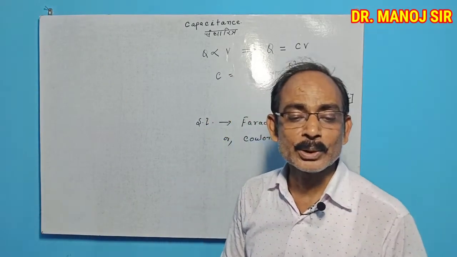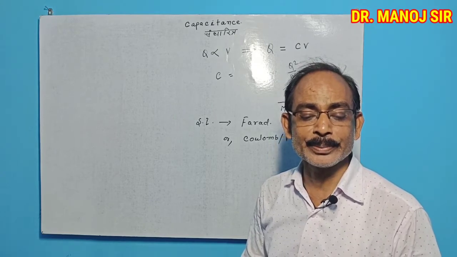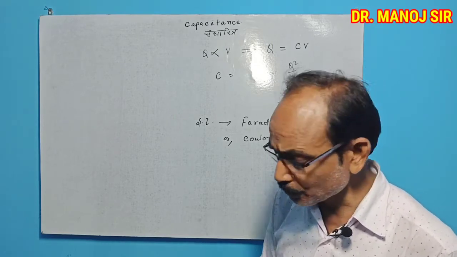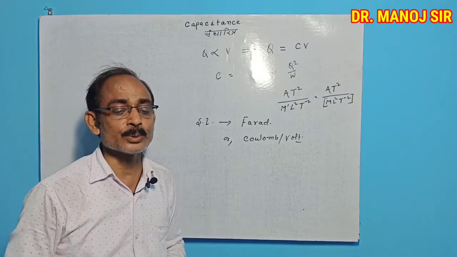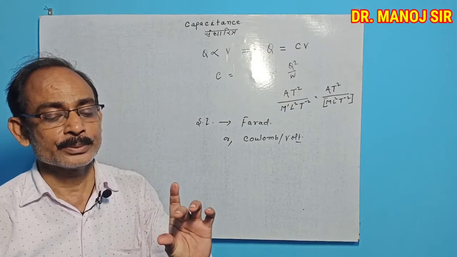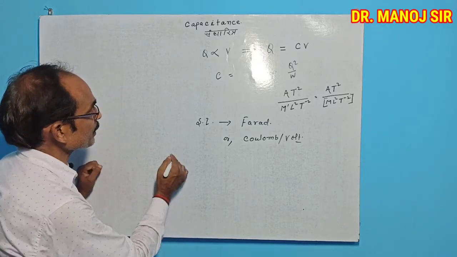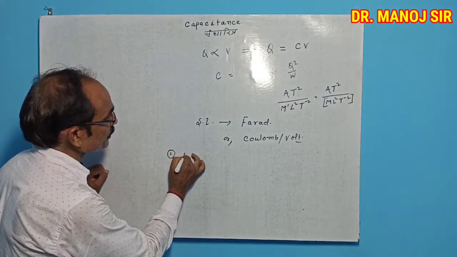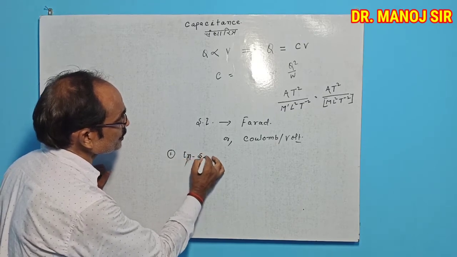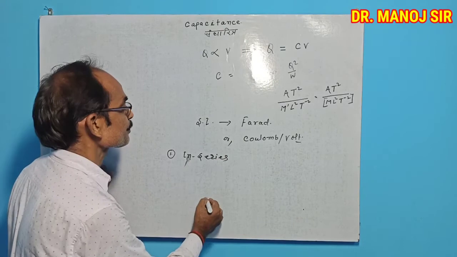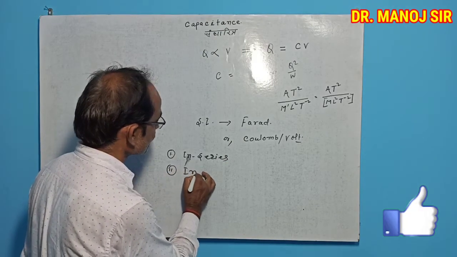Now I am going to discuss the grouping of capacitance. According to the grouping, there are two types: in series and in parallel.